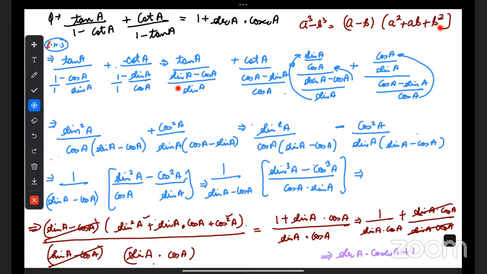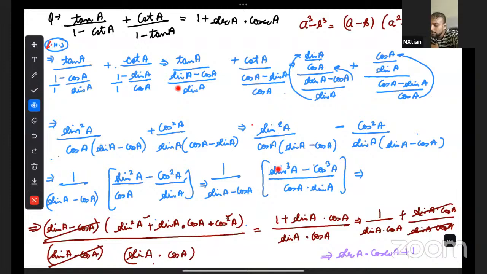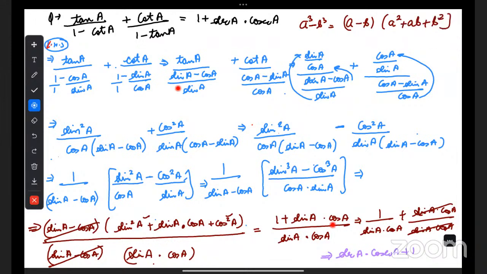So now here a cube and b cube, I compare it, then a is sine a and b is cos a. So I just put this value into this formula, it becomes sine a minus cos a into sine square a plus sine a dot cos a plus cos square a. Now this sine a and this sine a, which I take as common, I just cut it. Now sine square a plus cos square a becomes 1. Sine a dot cos a is sine a dot cos a, like this.